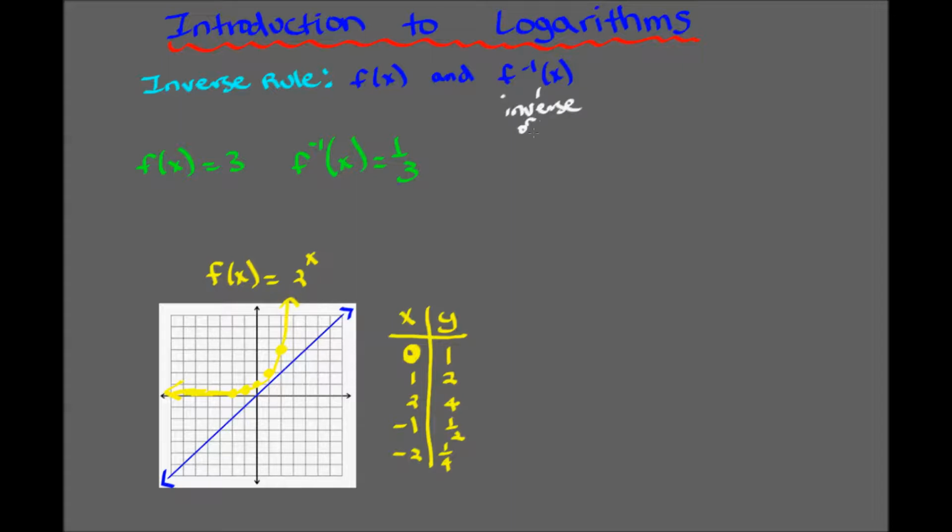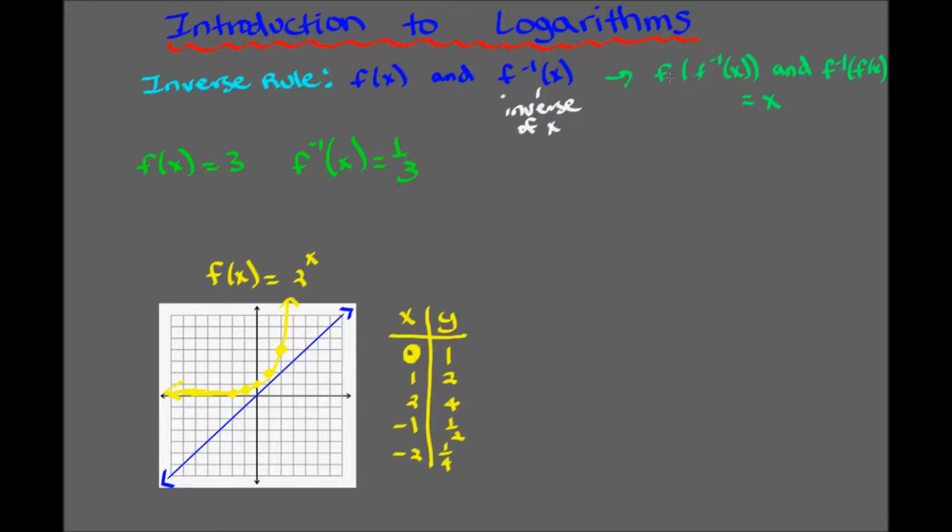If you have f of x and its inverse, f inverse of x, that means that f of the inverse of x and the inverse of f of x are both equal to x.